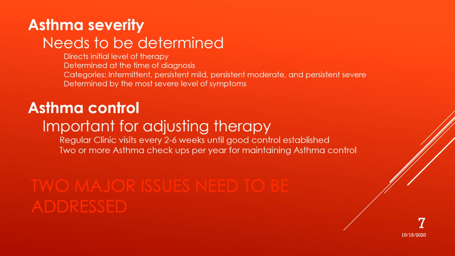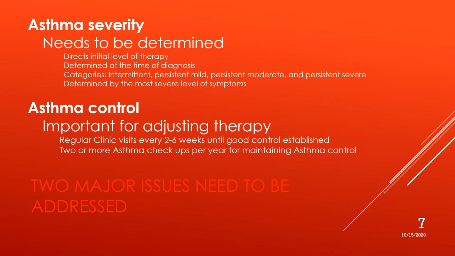Basically, you are going to do a history on them. You might do some spirometry if they're greater than 5. You might be looking at the history of what the parents say or the caregiver says. And based upon your severity level, when you first meet the doctor, that will determine your asthma severity.